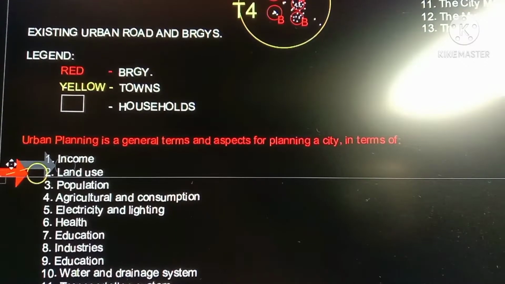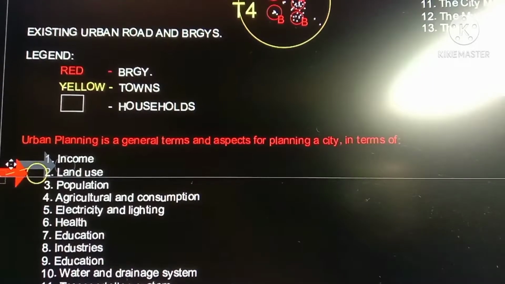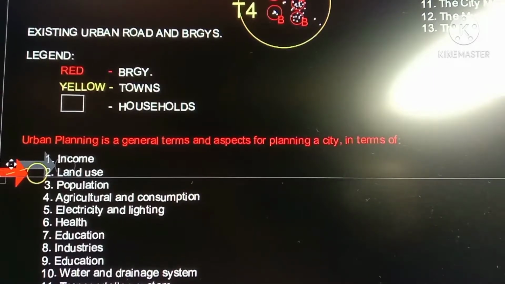So this is to be included in the land use. Also, the city needs landscaping. What is landscaping? This is to modify the surroundings of the city, whether it is an open space or within the recreation area. So that is the land use requirement.